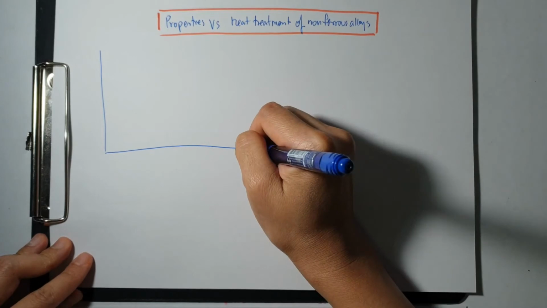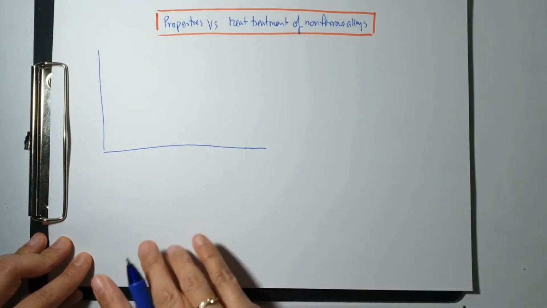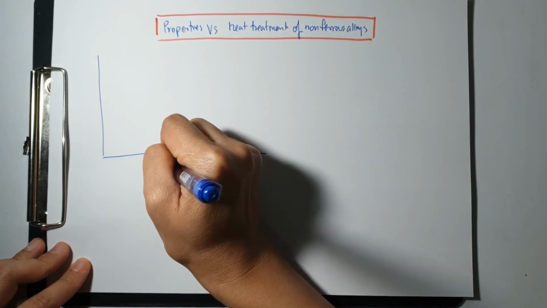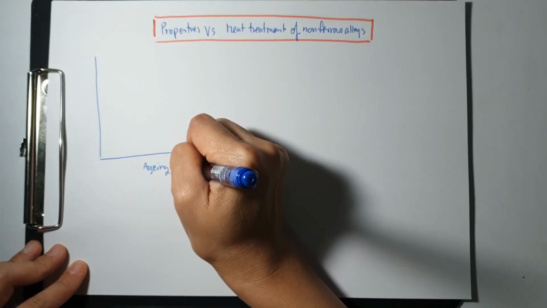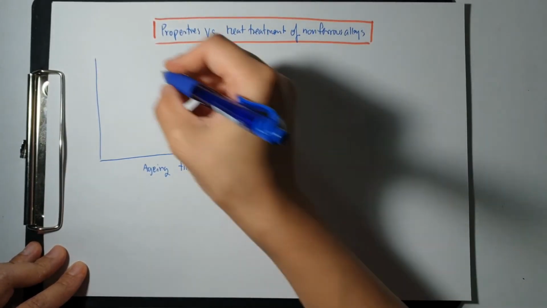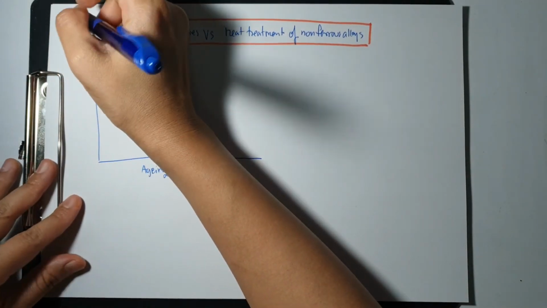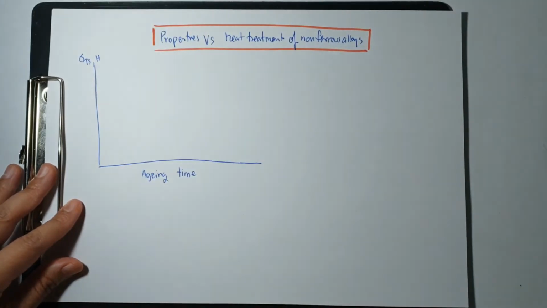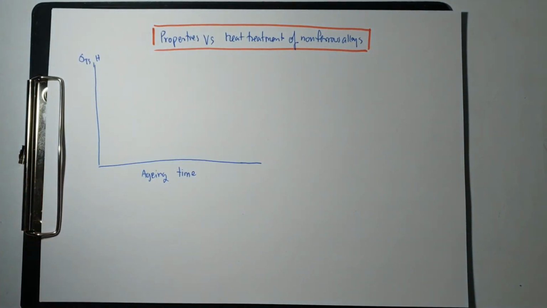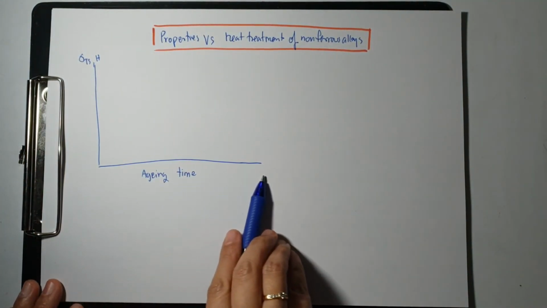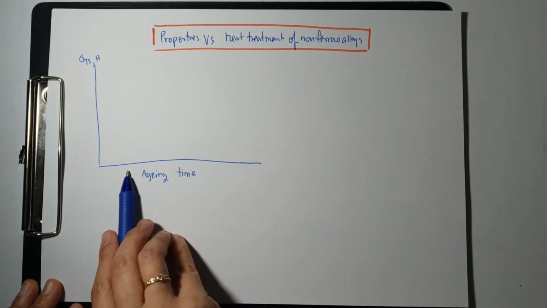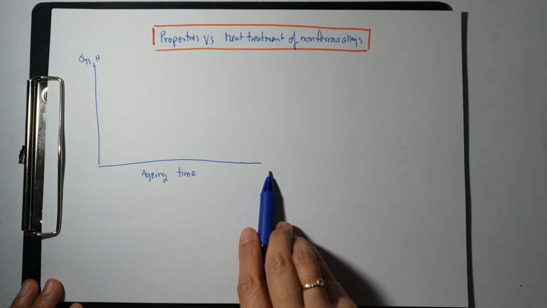And if I start with this relationship between aging time on the x-axis, and the y-axis would be property such as yield strength, tensile strength, or even hardness. And when we do aging, we may apply the aging time from 2 hours up to 24 hours.